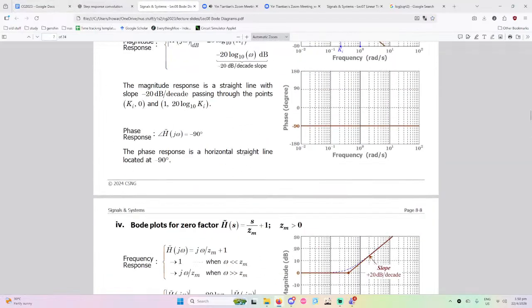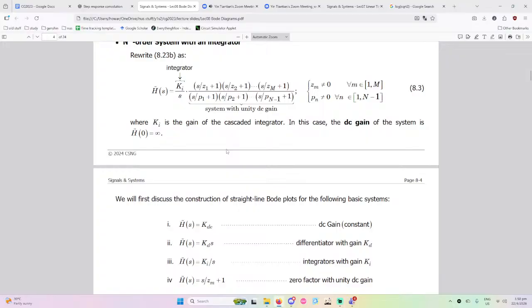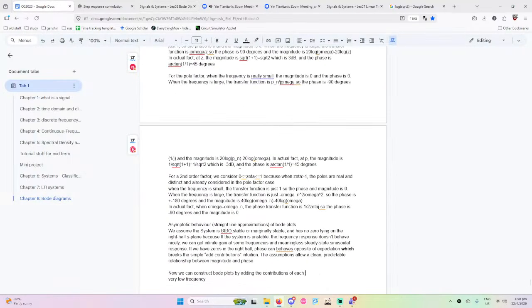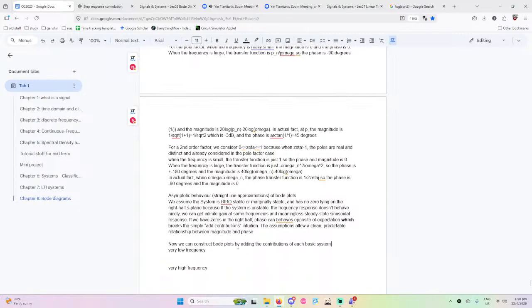Minus 90 degrees. And for the fourth case, when the frequency is very high, it means that the second term can be neglected. So it can be approximated as J omega over Zm. If it is approximated as J omega over Zm, what is the slope of it? The slope of it is plus 20 dB per decade. How about the phase of it?